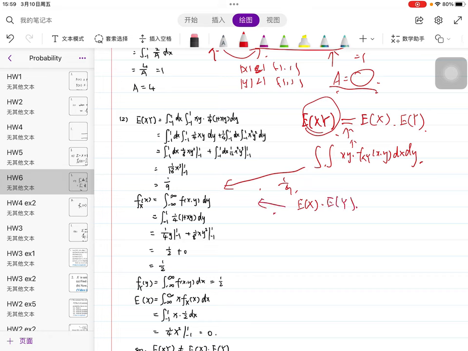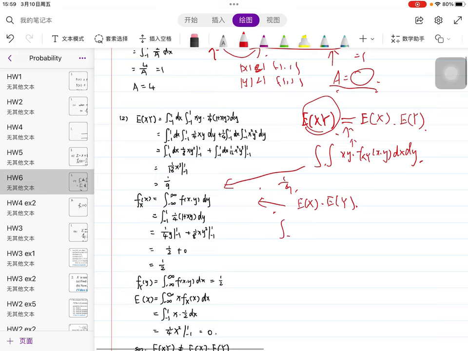Here you could see that I firstly find the marginal density function of x. Based on the definition, we integrate f(x,y) dy, and that is the density function of x.